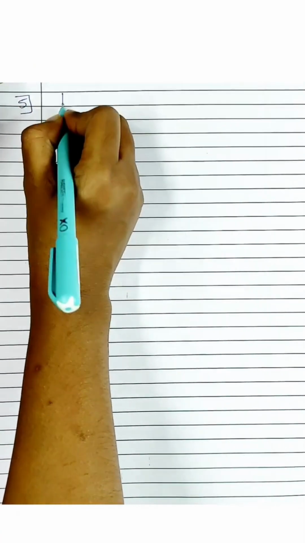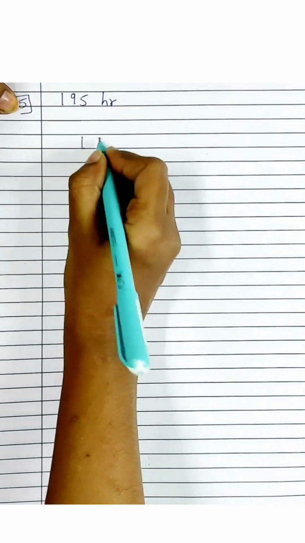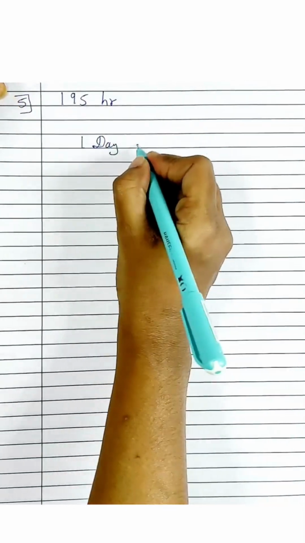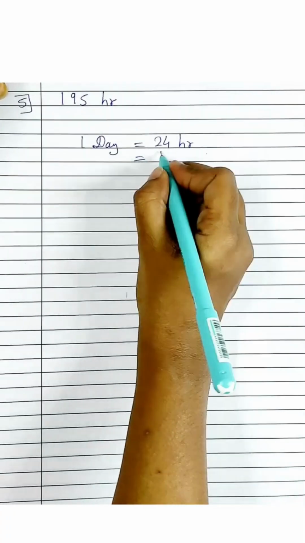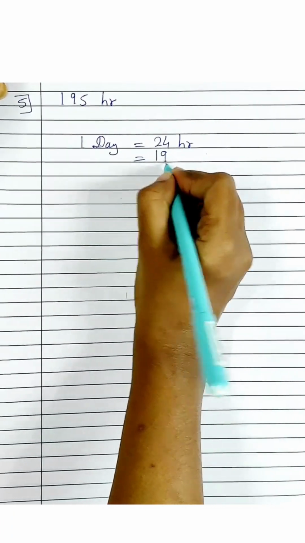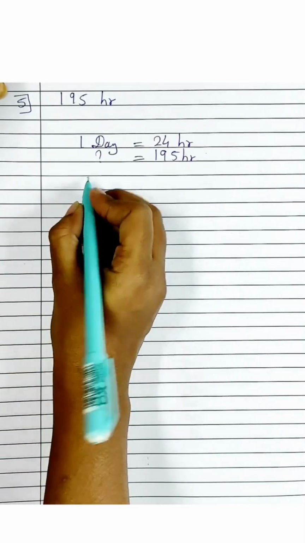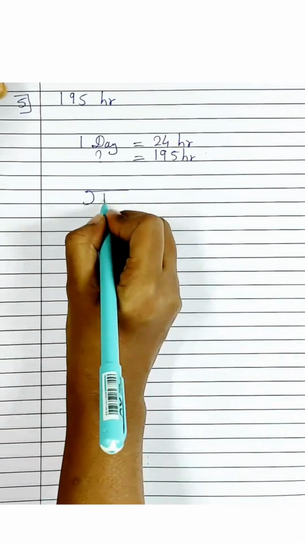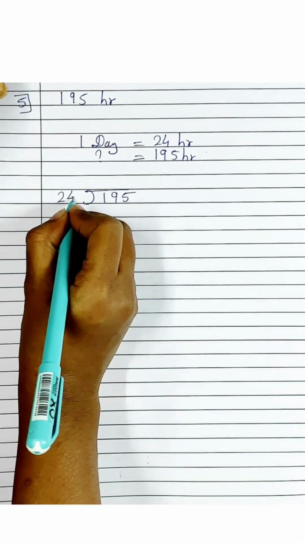Fifth example, 195 hours. Again, we know that in one day there are 24 hours. So in 195 hours there are how many days? Again, you have to divide 195 by 24.